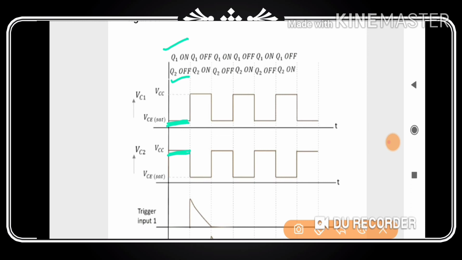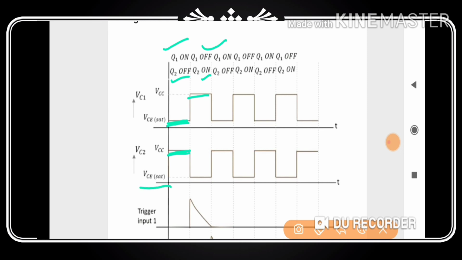Next, when Q1 is off, it is in the cutoff region. And Q2 is on, which means conducting and saturation.